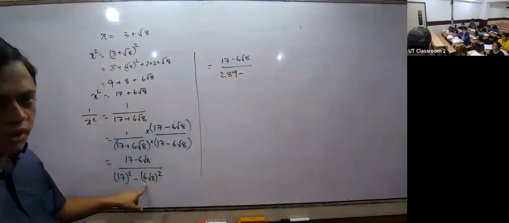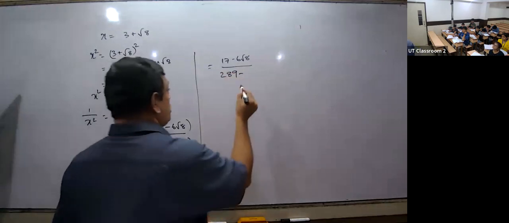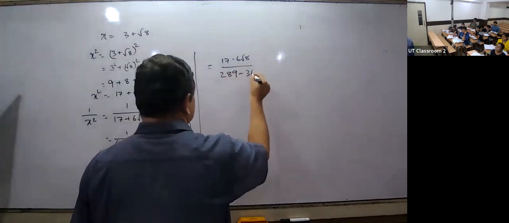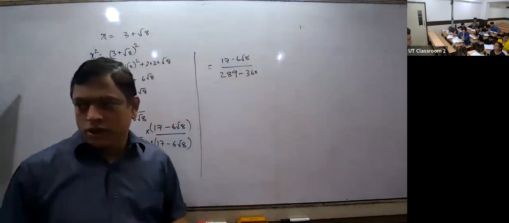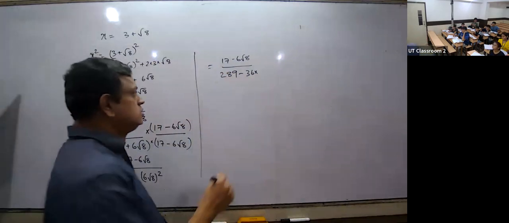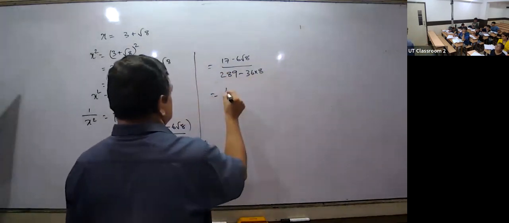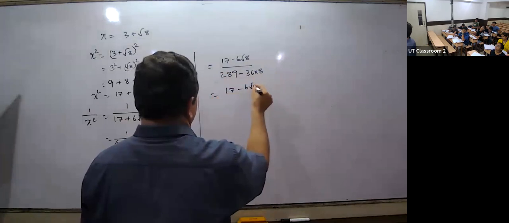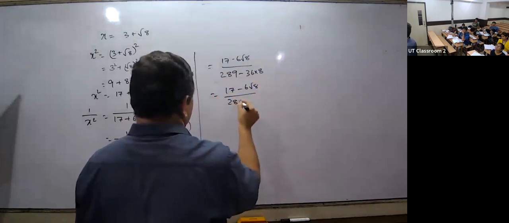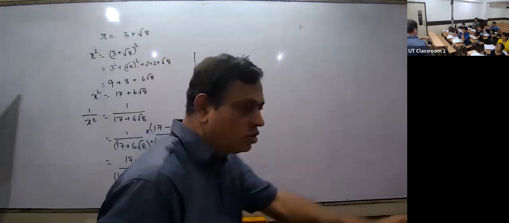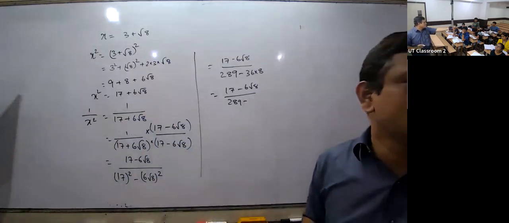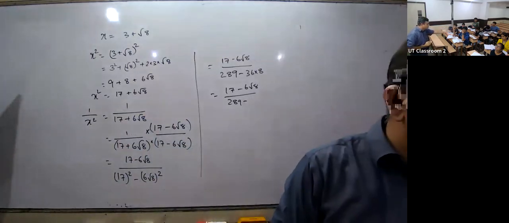How much is 6 square? 36. What is root 8 square? 8. That is 17 minus 6 root 8 divided by 289 minus 36 into 8. Who knows 36 into 8? Multiply, find out now.